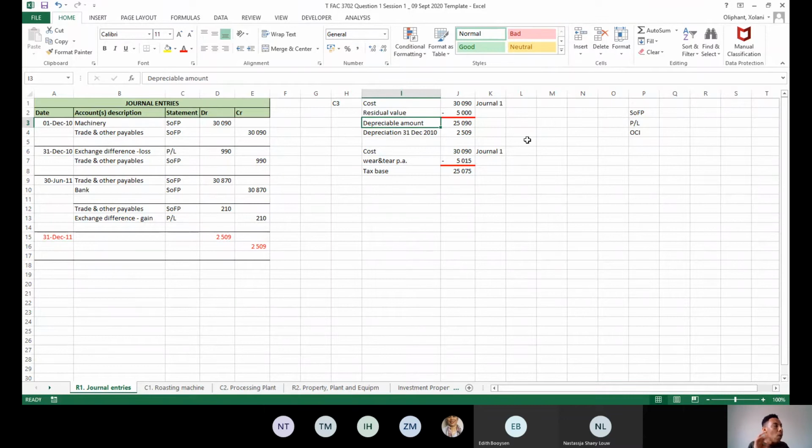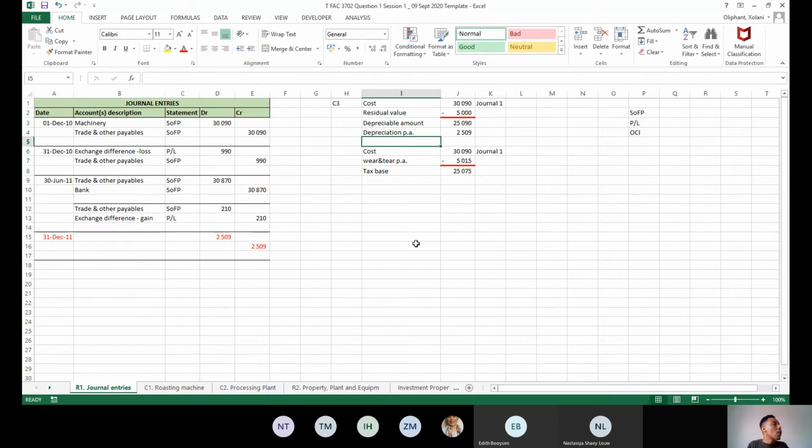25,095. Now remember what you said. This machinery was only available for use, or let me say depreciation per annum, rather.